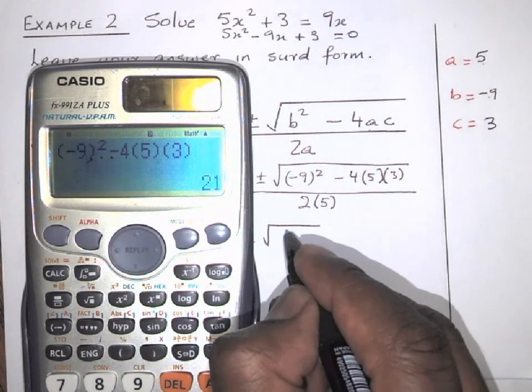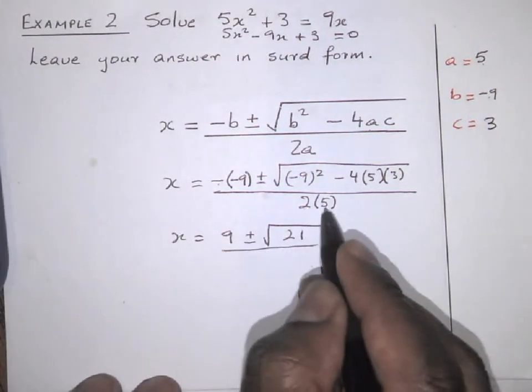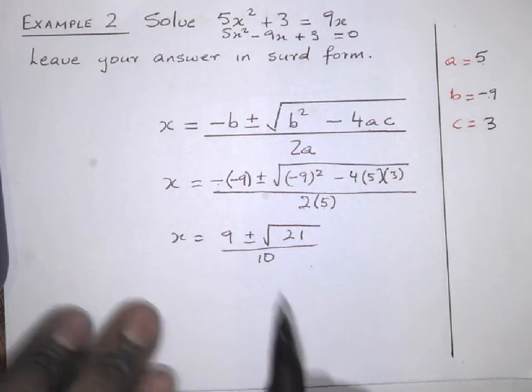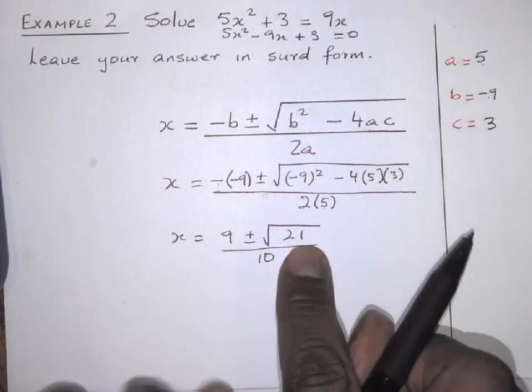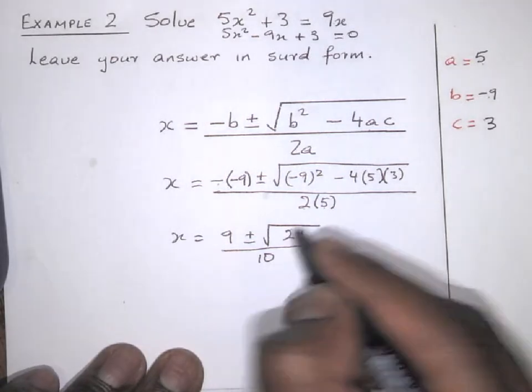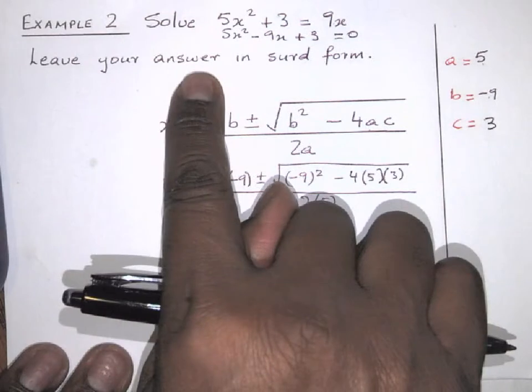So under the square root now the answer is 21, but all of this must be divided by 2 times 5, which is 10. Now let's look at this. We don't know the square root of 21, so we can leave it as this. If you look here, they said leave your answer in surd form.